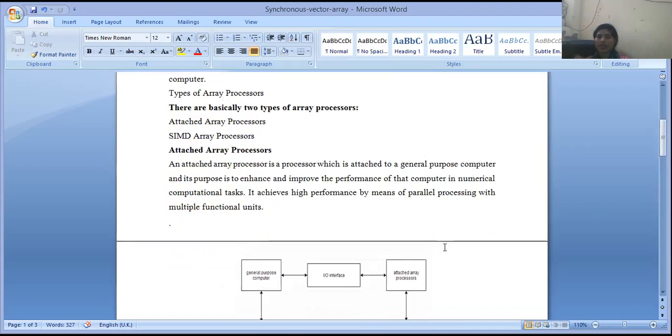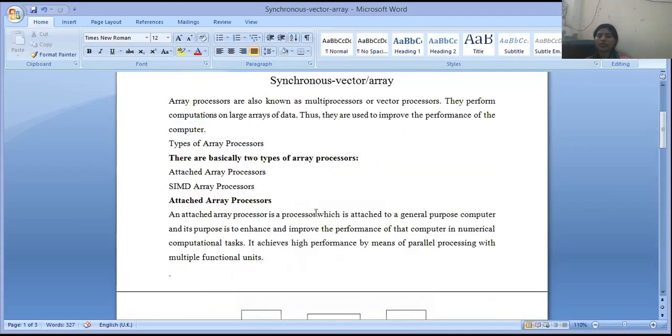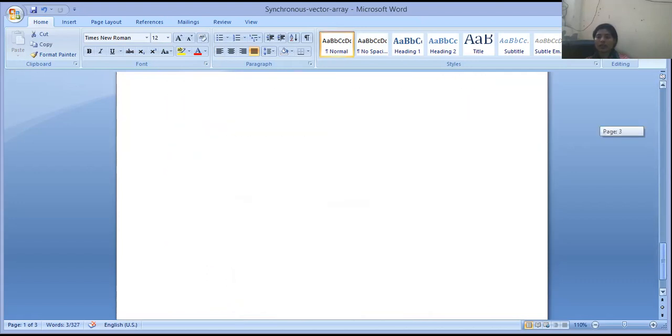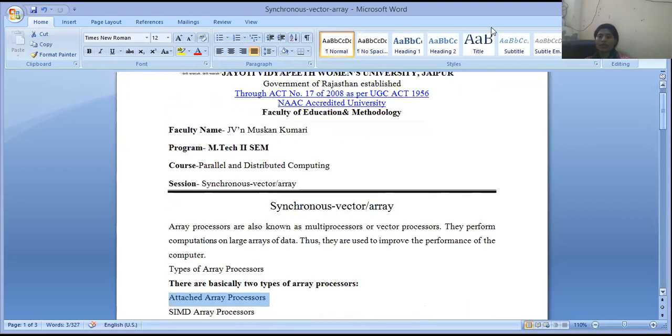First is the attached array processor and second is SIMD, and I have discussed both briefly, and also discussed why an attached array processor is necessary and important.